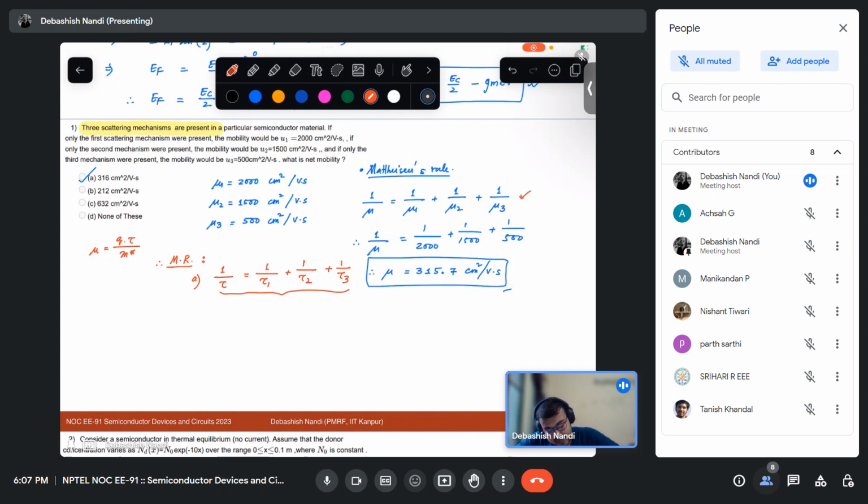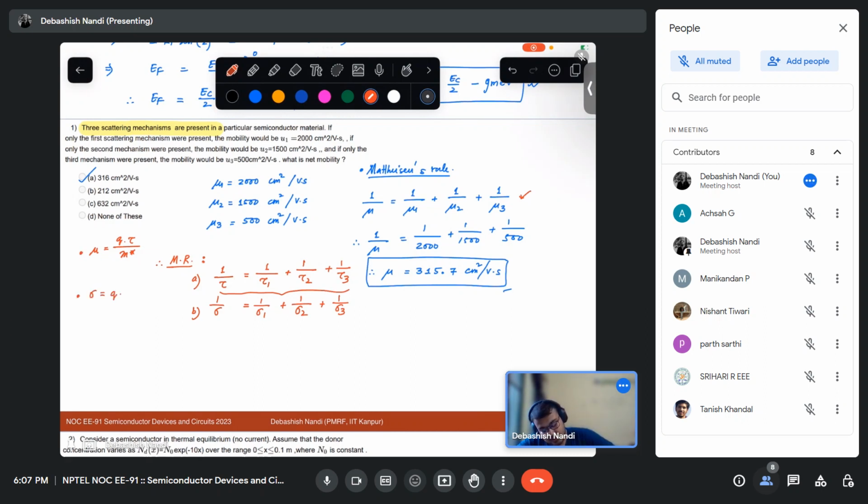Similarly, if I tell you in terms of sigma, conductivity, can I write this? Can anyone comment? Sigma is what?